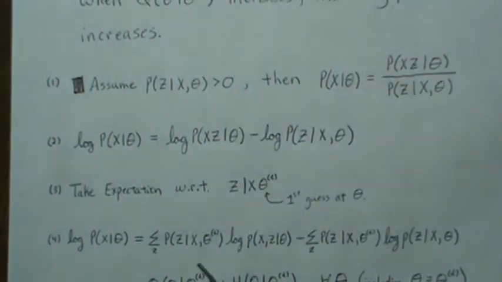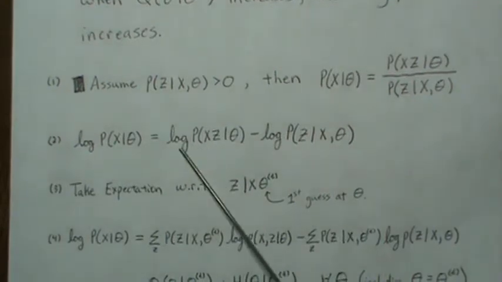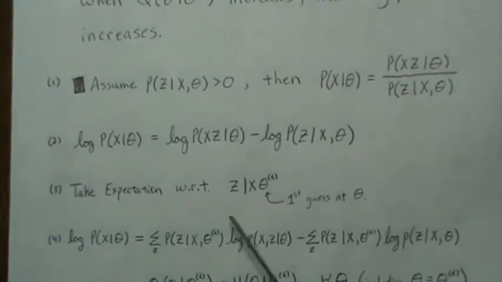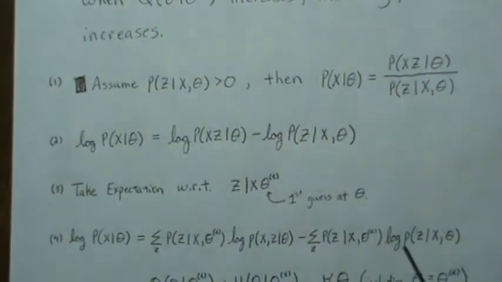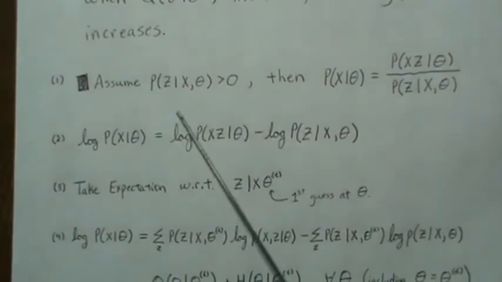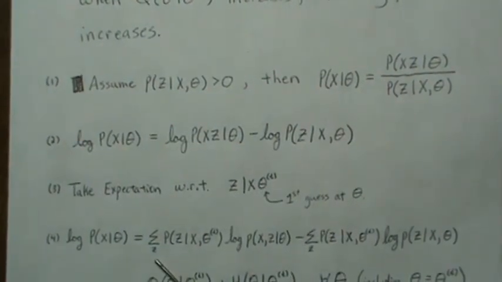So we need to sum over all possible values of z, and this piece is here. Then this is the probability mass function that we're taking the expectation with respect to. This is just the definition of expectation: you take what we're taking the expectation of, multiply it by the probability mass function, and sum it over all values.